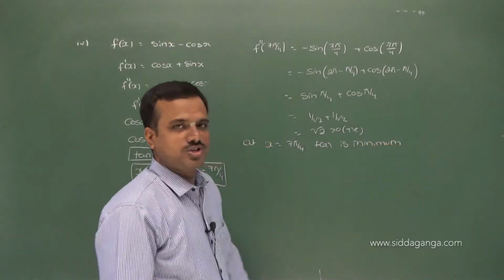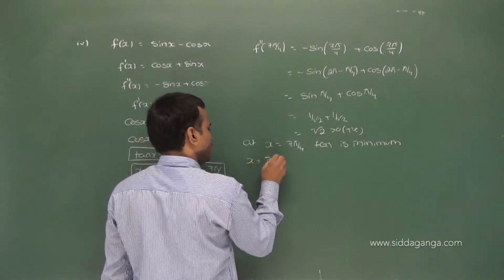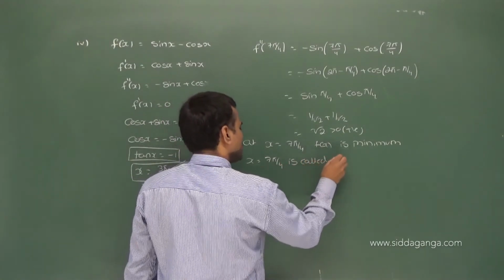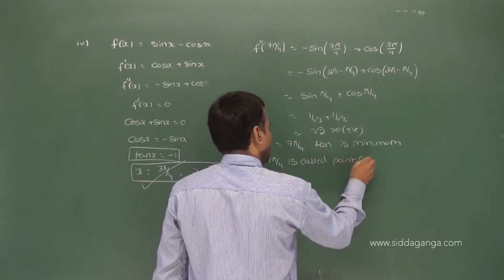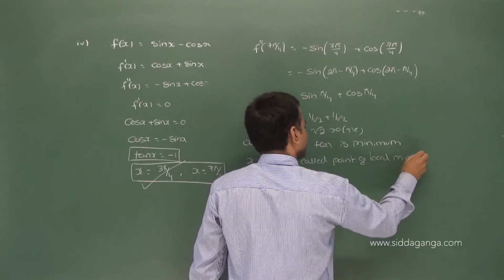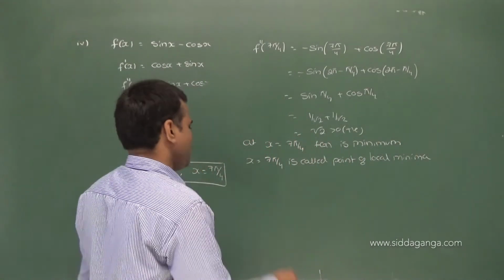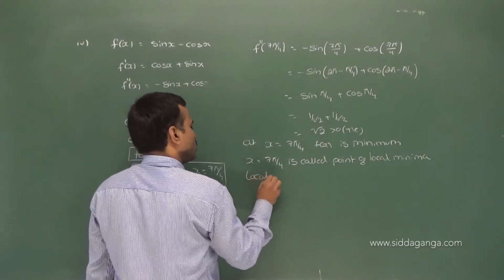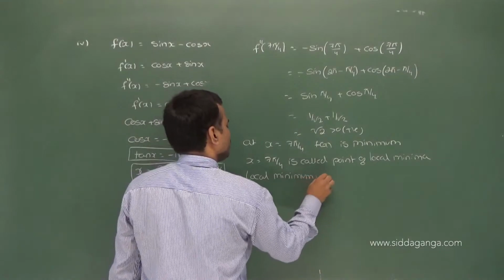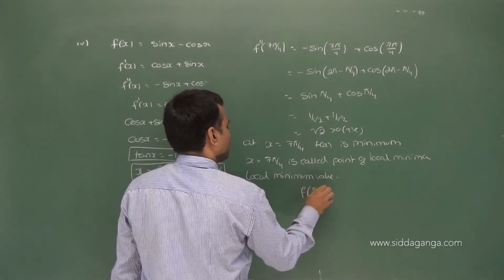X is equal to 7 pi by 4 is called the point of local minimum. Then the local minimum value is f of 7 pi by 4.